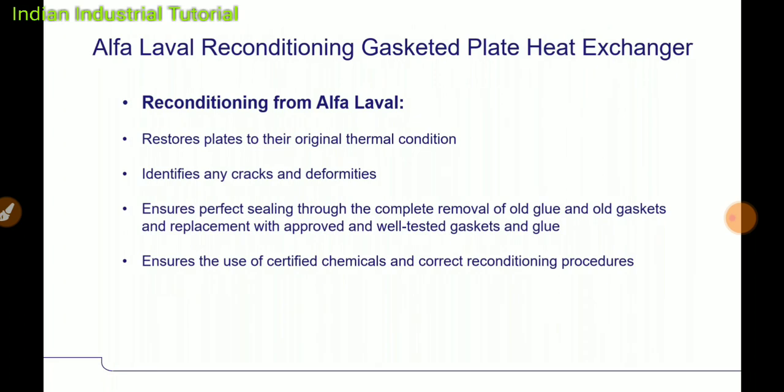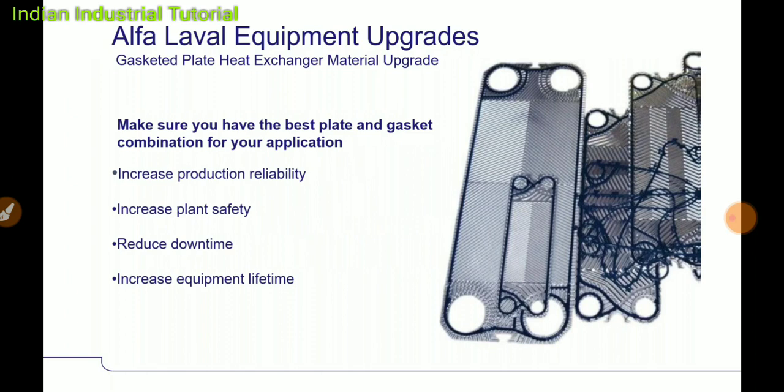Reconditioning at Alfa Laval service center will restore the plate to original thermal condition. Identify cracks and pinholes, which is not possible at site unless we do the DP testing of a full clean plate. Ensure perfect sealing of the gasket, removal of old glue, replacement of approved well-tested gaskets and glue, ensured certified chemical and correct reconditioning procedure.